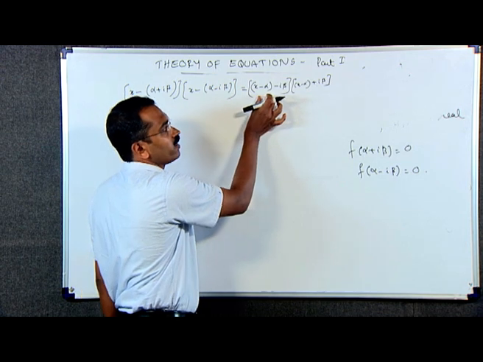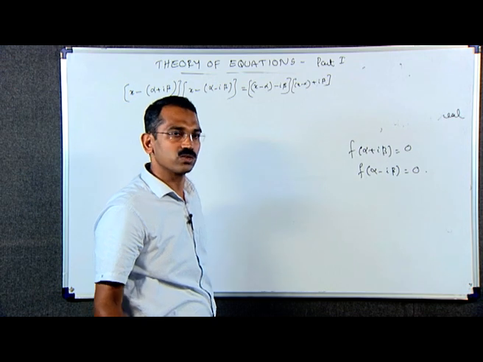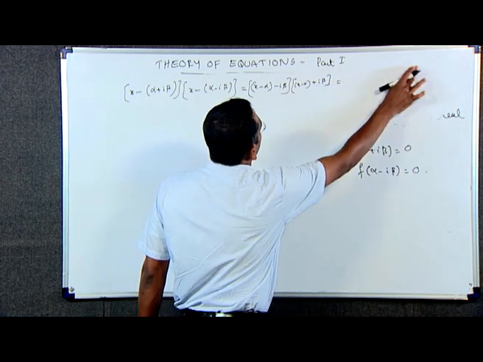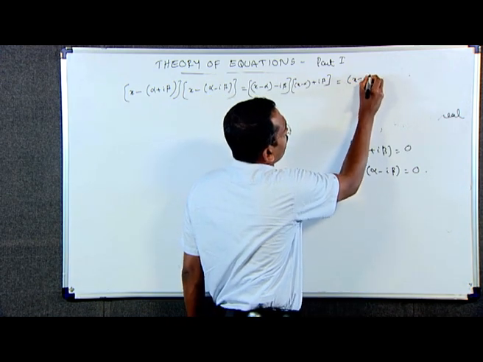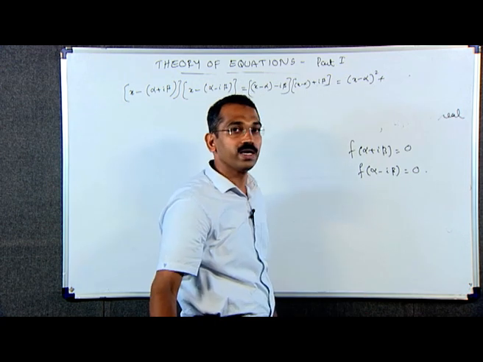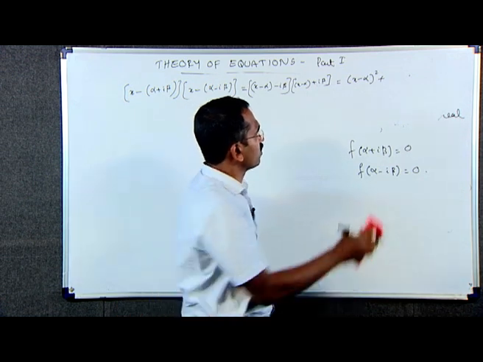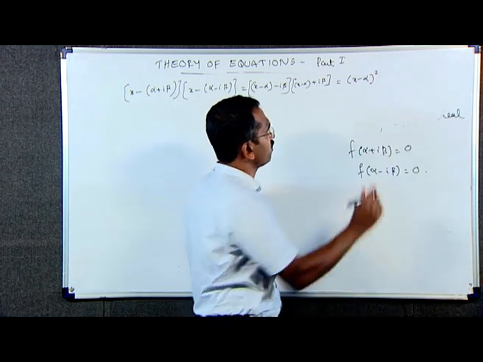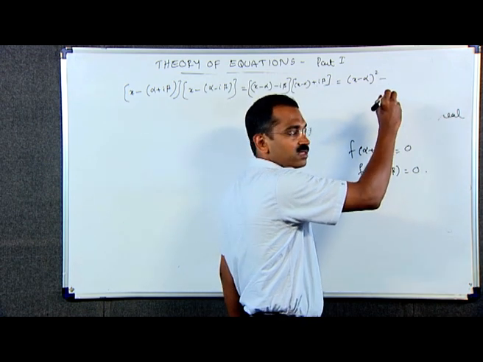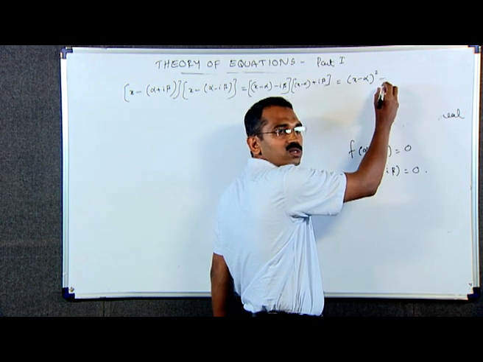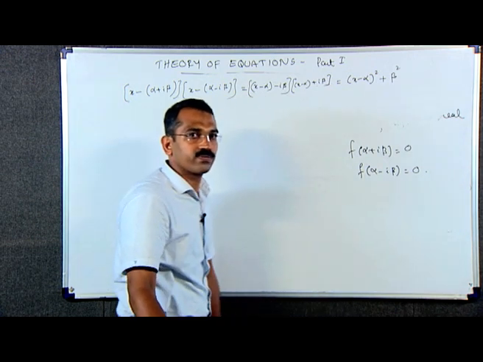This is of the form (a minus b) into (a plus b), that is, a square minus b square. Therefore, we can write this as (x minus alpha) the whole square minus (i beta) the whole square, that is, i square beta square. i square means minus 1, therefore minus of minus will become plus beta square.